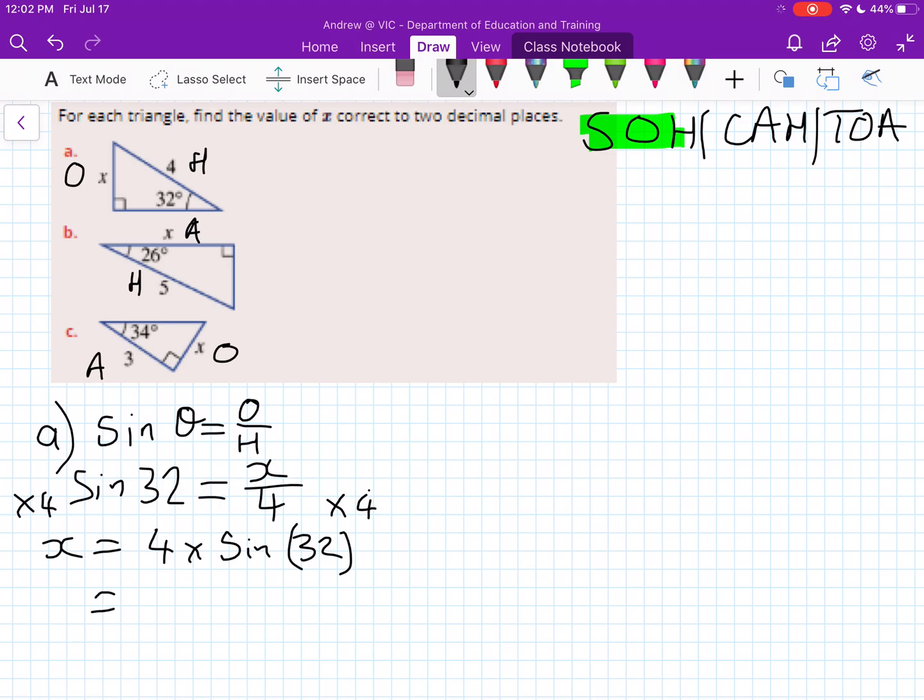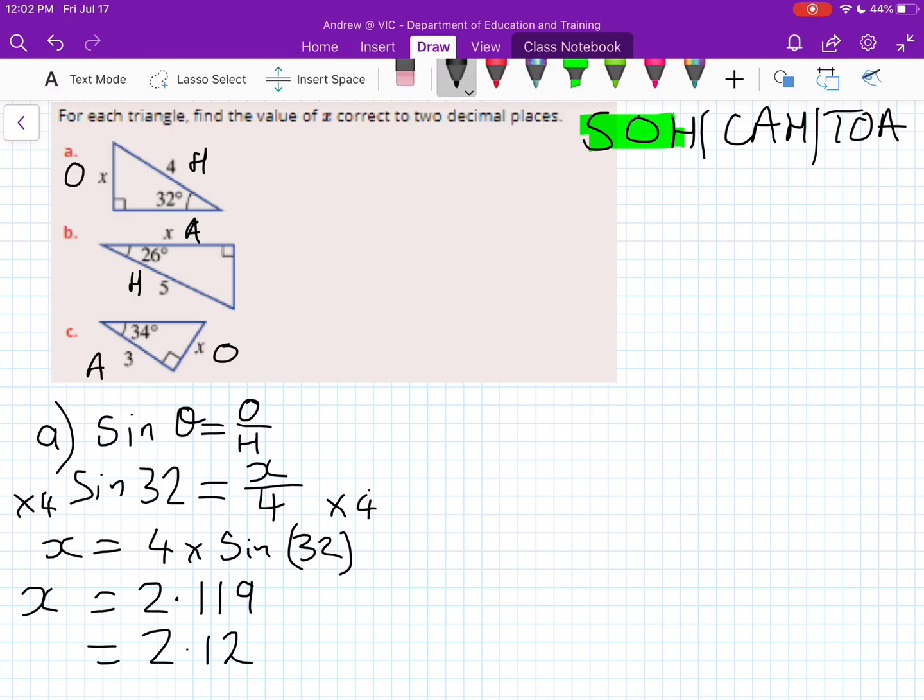Just make sure your calculator is in degrees. Sometimes they're in radians and you might get the wrong answer. So this becomes 4 times sine 32, and this here is equal to 2.119, but it asks for 2 decimal places. So with this, x is equal to 2.12.